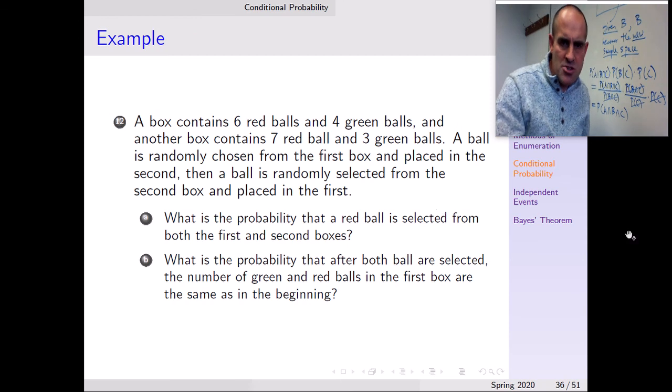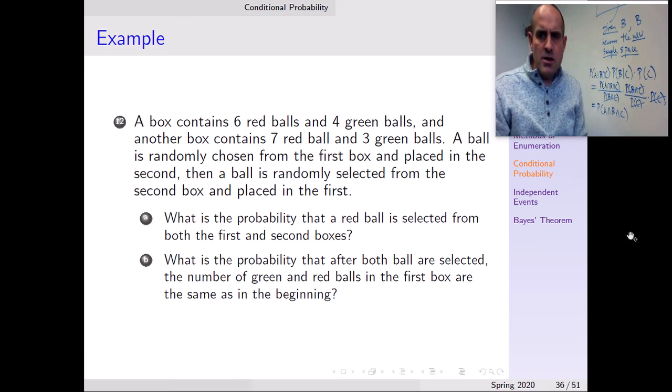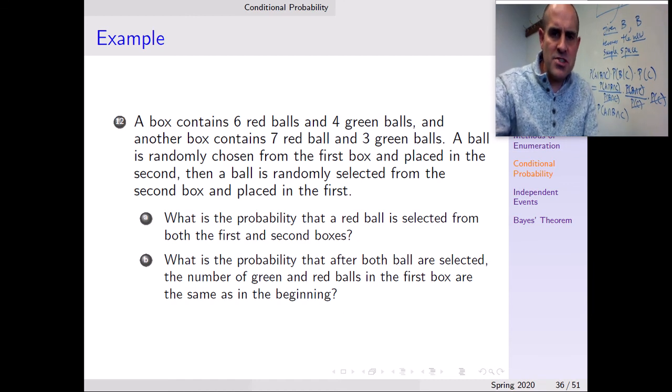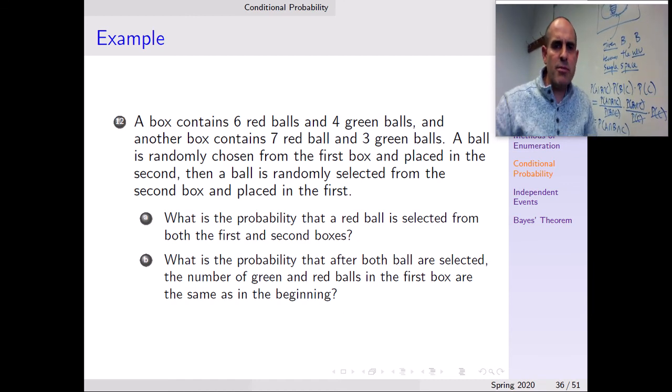Okay, here's a little problem to make sure this is sinking in. A box contains 6 red balls, 4 green balls. Another box contains 7 red and 3 green. So we have 2 boxes, each with 10 balls.